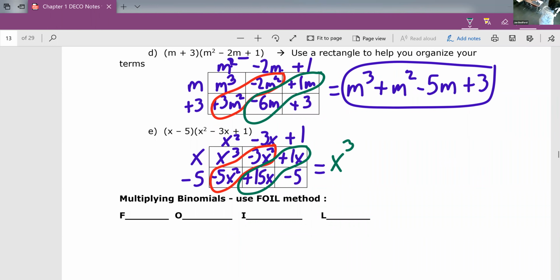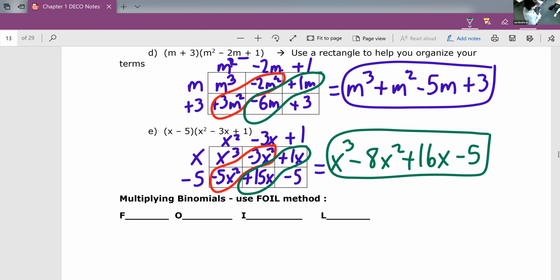What came next? A negative 3 plus a negative 5 gives you a negative 8x squared. 15 of these x's plus one more of these x's is plus 16x. And then don't forget the minus 5 on the end. That's right. Can't forget the little fella on the end.